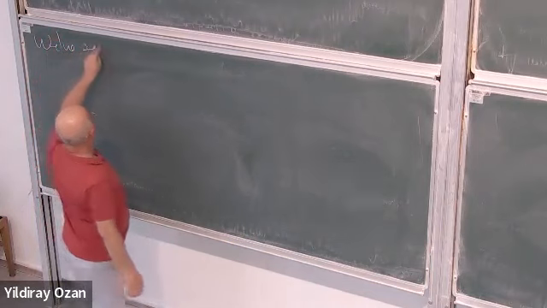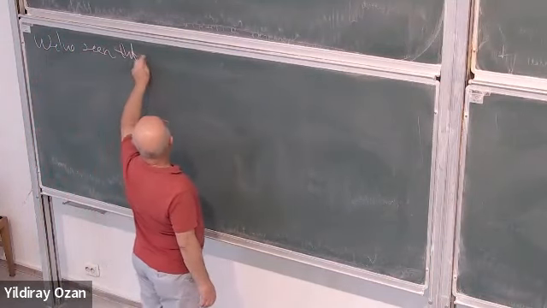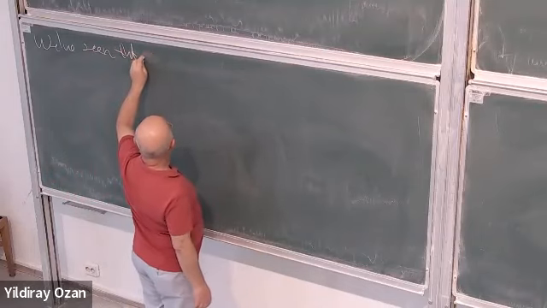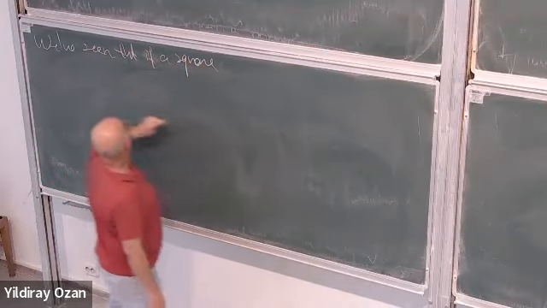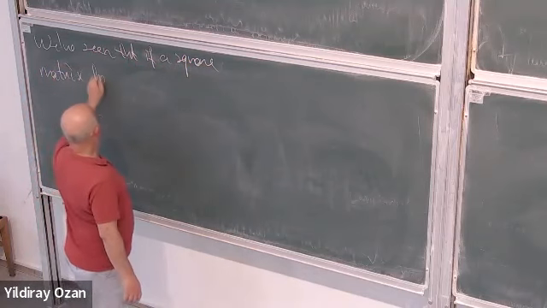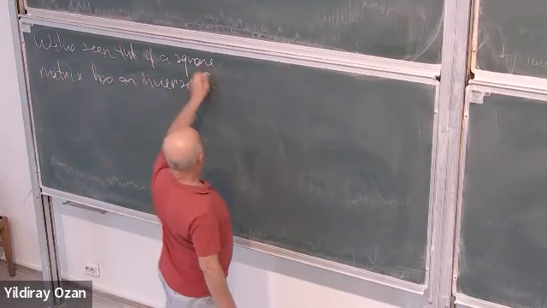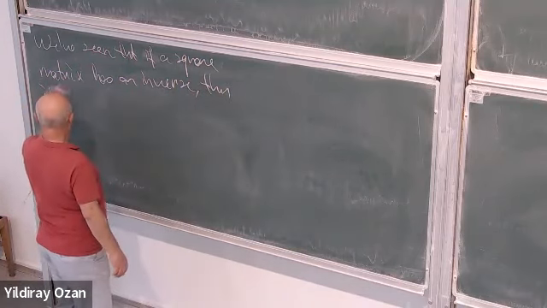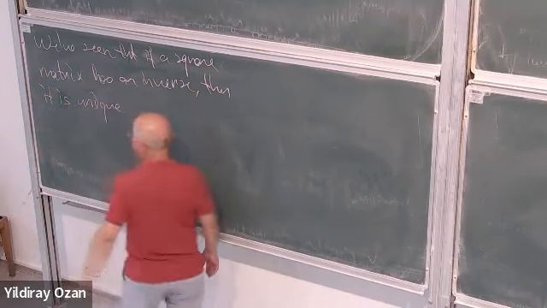We have seen that if a square matrix has an inverse, then it is unique. Okay.